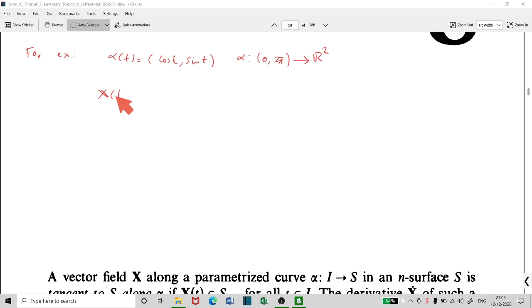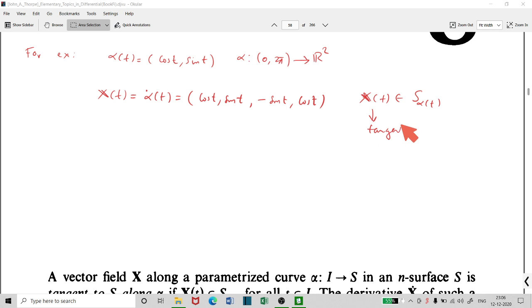So this X of t is defined as alpha dot t. This assigns at the point (cos t, sin t) the vector (minus sin t, cos t). Now you can easily verify that X of t belongs to S at alpha of t. So this X of t is a tangential vector field.